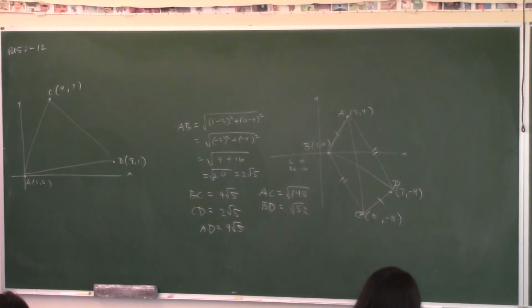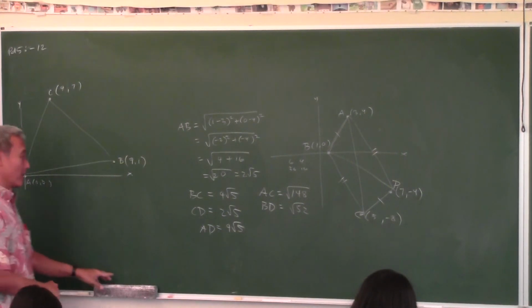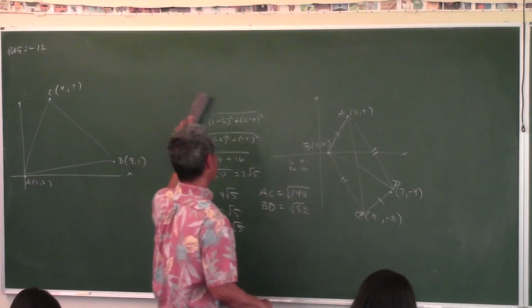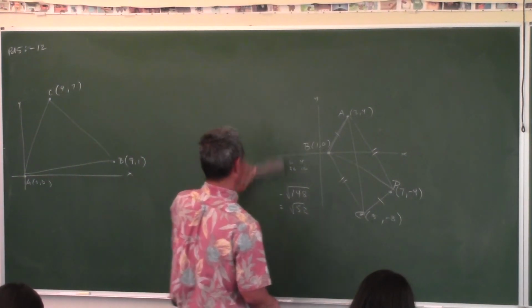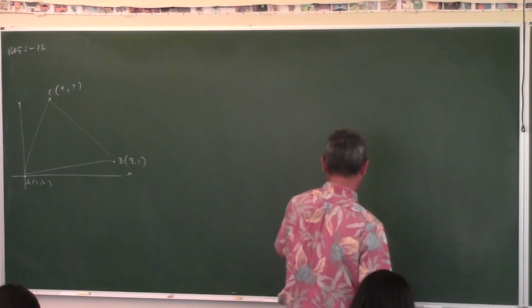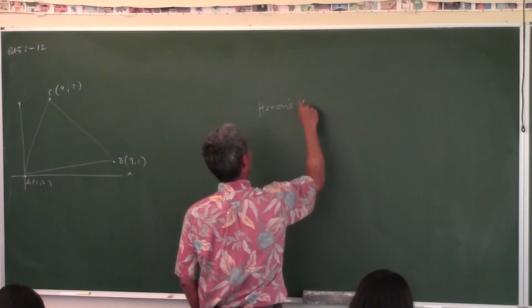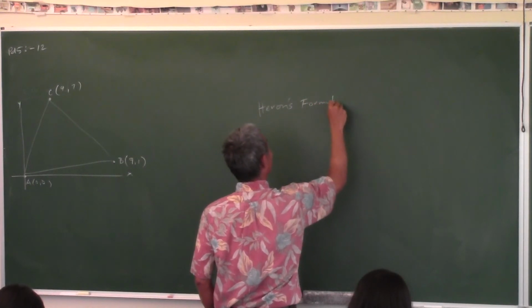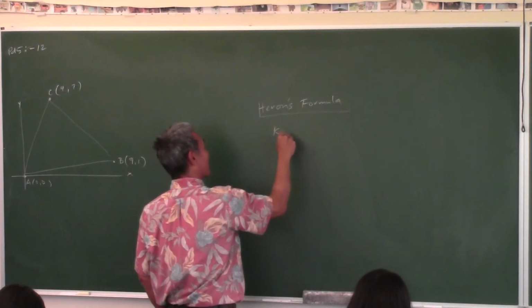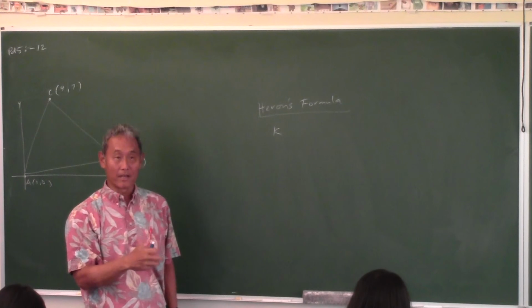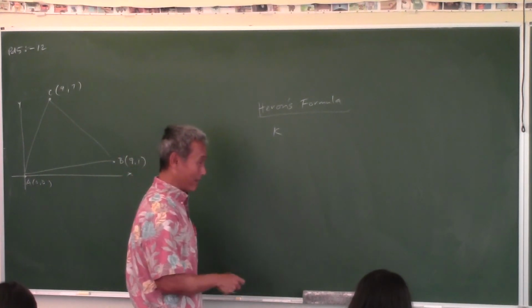Using Heron's formula, because that's tonight's homework. First of all, before we even go on, do you guys remember Heron's formula? Heron of Alexandria. Very good. You guys are remembering something. The area, it's not K though, it's kappa. It's a Greek letter kappa. Usually we use that for area.